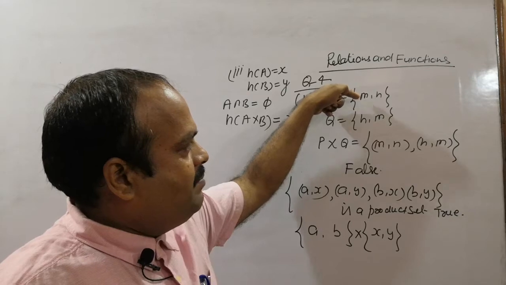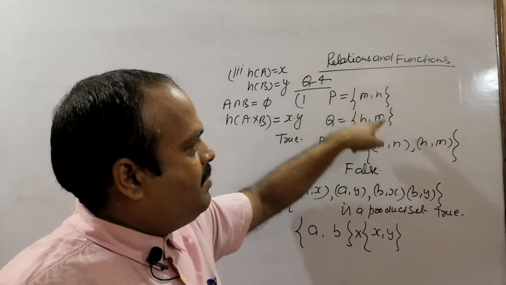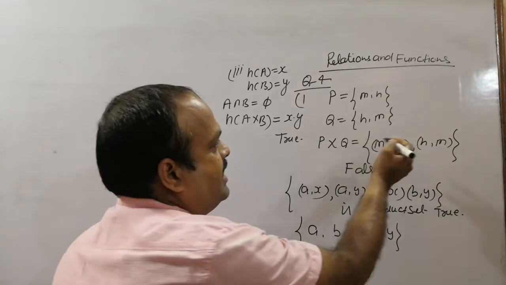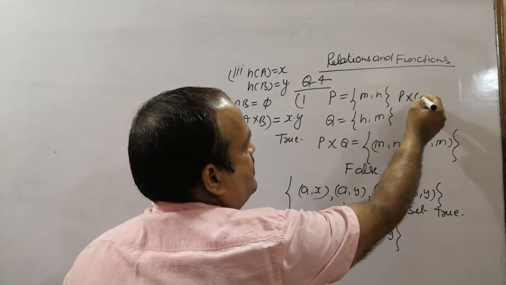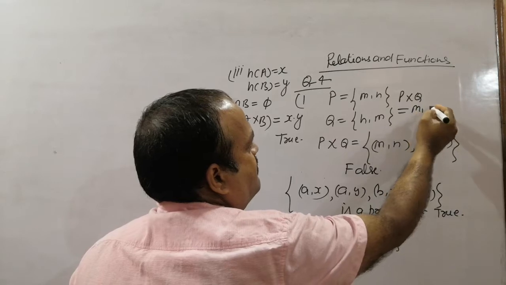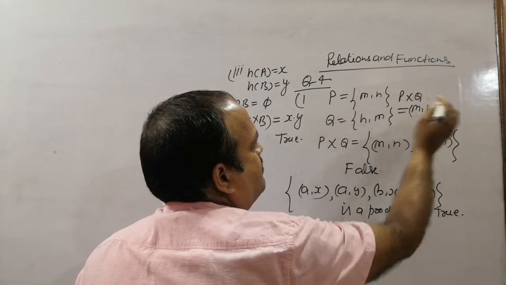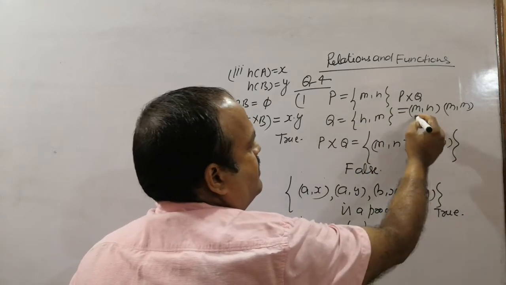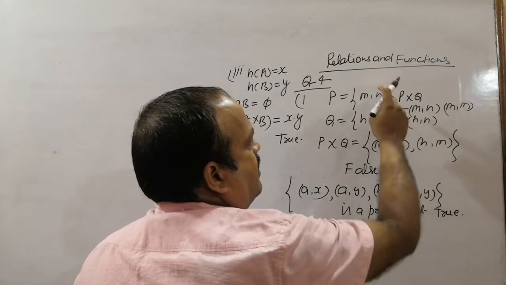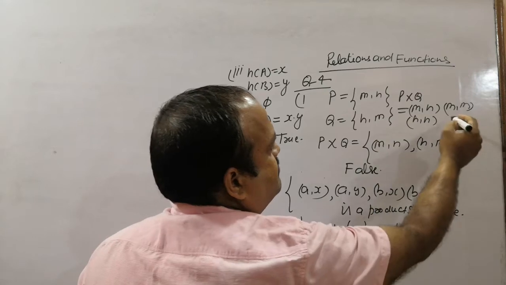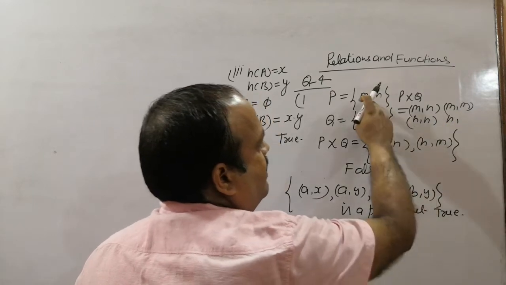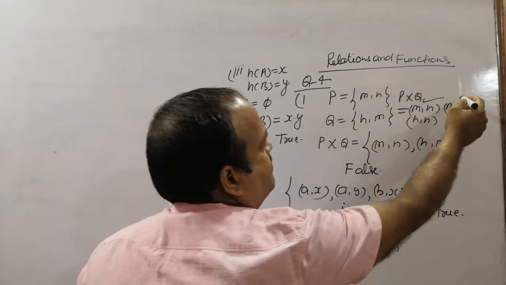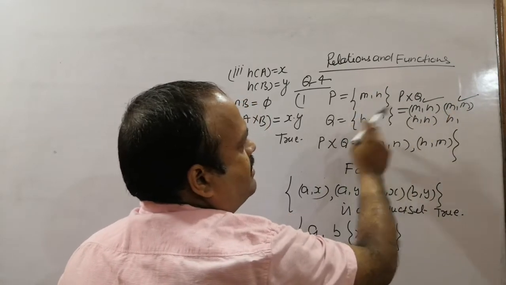That will be (m, n), (m, m). Please say, what will you be getting? You will be getting (m, n), (m, m), (n, n), (n, m).